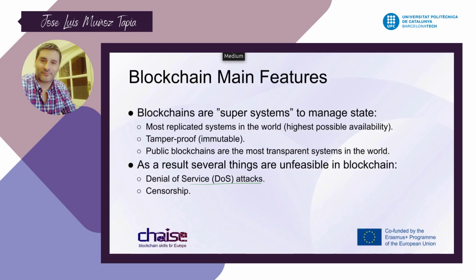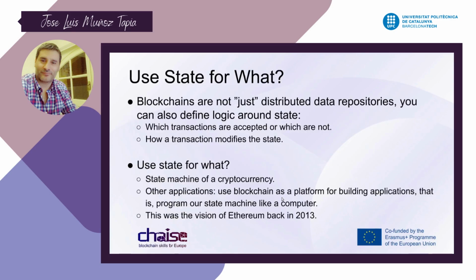The network is so replicated that it's impossible to make most of it fail. Also, censorship is impossible, because as a user you have plenty of nodes to which you can send your transactions, so you cannot get censored. So we have a very good system to manage a state.